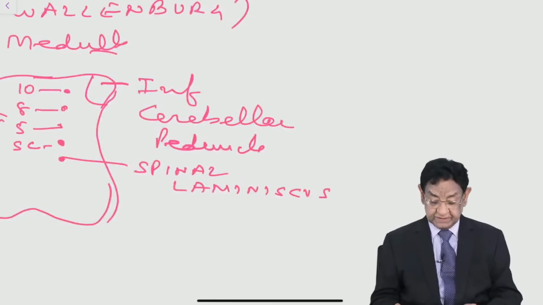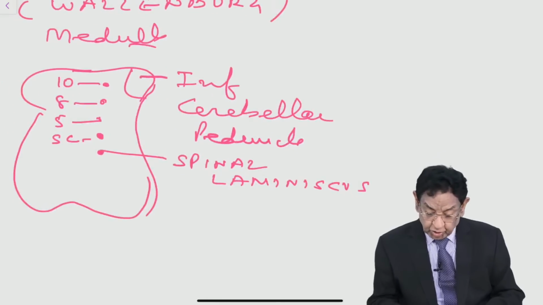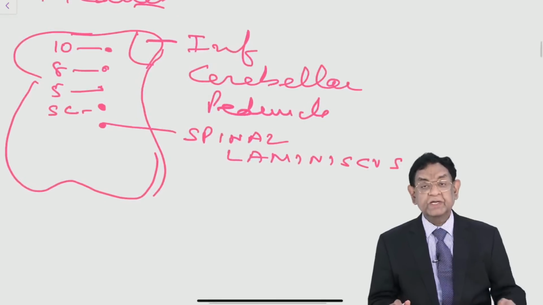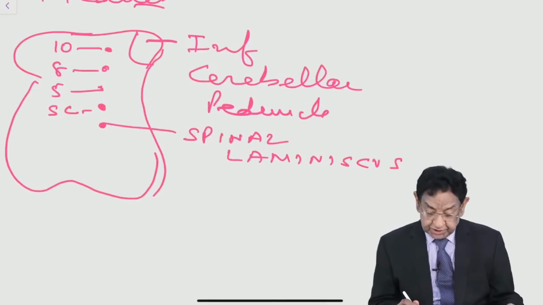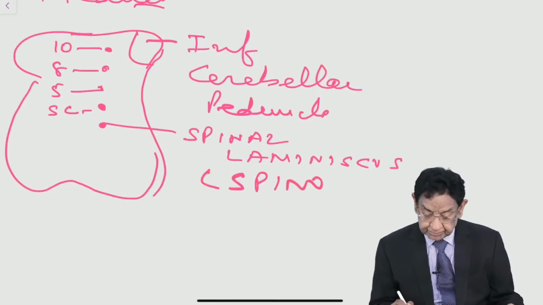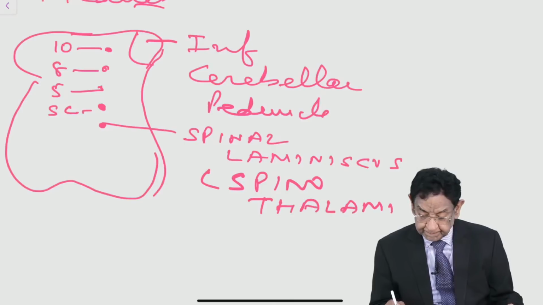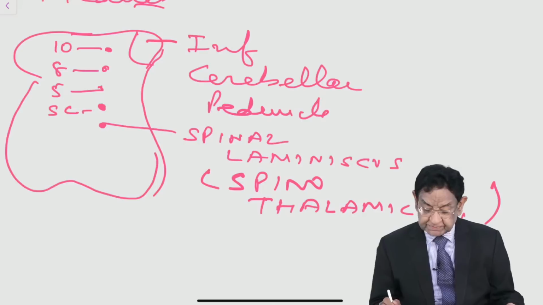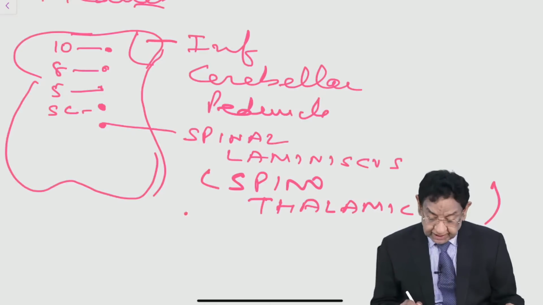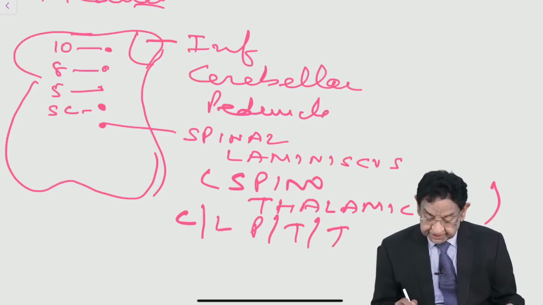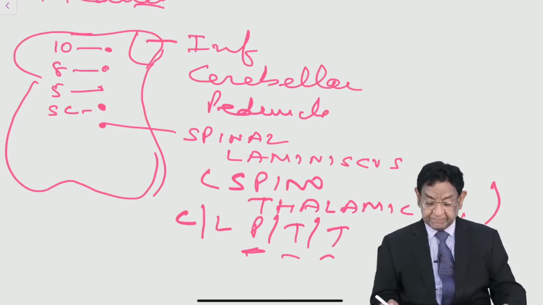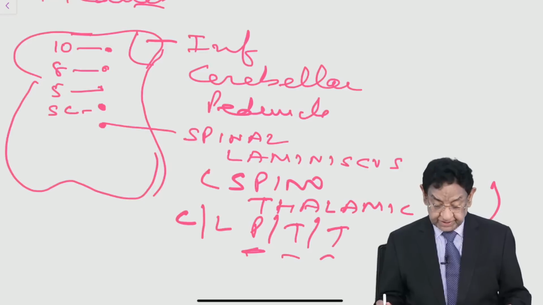Spinal lemniscus is the continuation of the spinothalamic tract, which contains contralateral pain, touch and temperature. Okay.